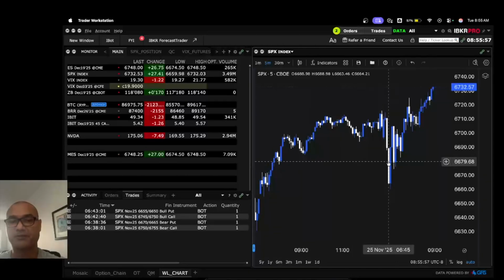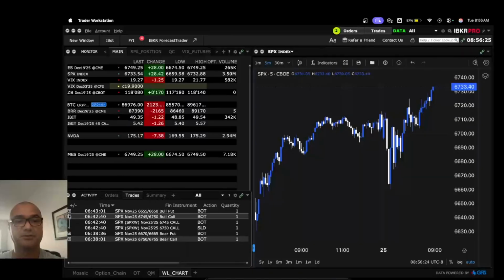So as the market was dropping, I decided to convert the positions into a butterfly. Note that at 6:42, I bought the 45.50. And remember, prior to that, 4.5 minutes-ish before, I sold the 50.55 call spread, and then I bought the 45.50, which is here, converting that to a butterfly.